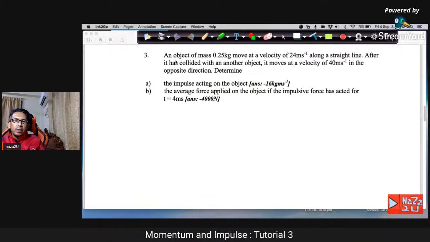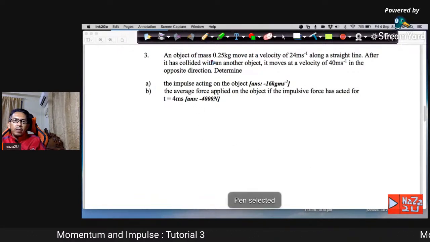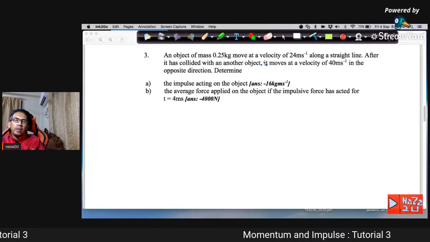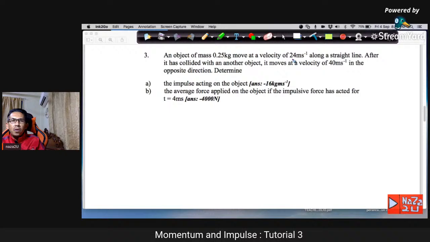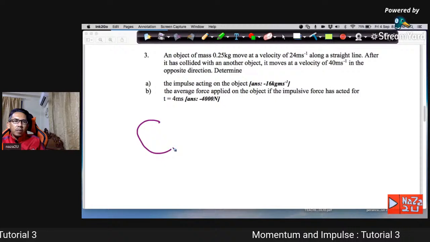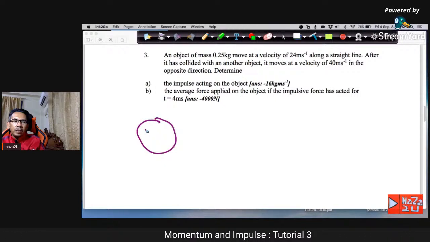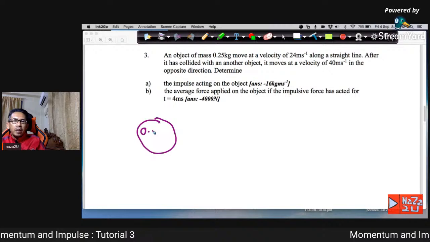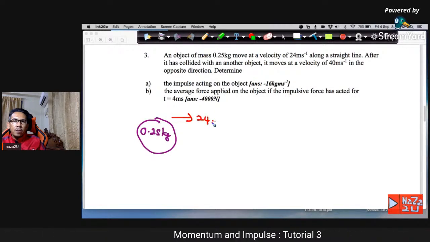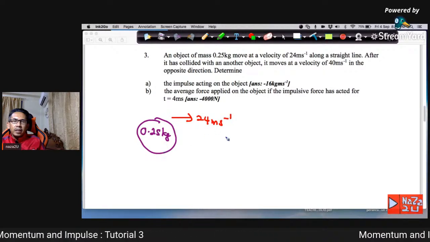Okay, question number 3. An object of mass 0.25 kilogram moves at a velocity of 24 meter per second. So you still have an object with a mass 0.25 kilogram moving with a velocity 24 meter per second along a straight line.